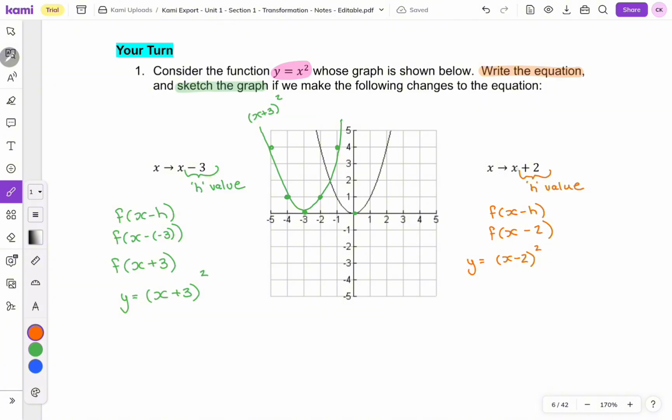So we're going to take all of our x values and add 2 to it. So 0 plus 2 is 2, 1 plus 2 is 3, 2 plus 2, -1 plus 2, and -2 plus 2. So you can see it shifts our entire graph 2 to the right.